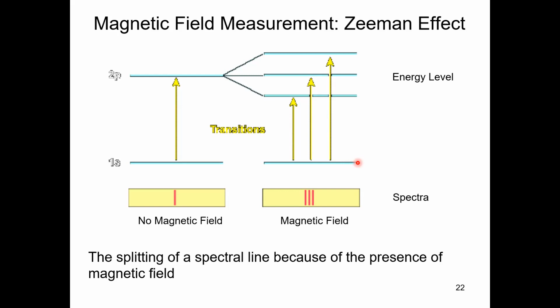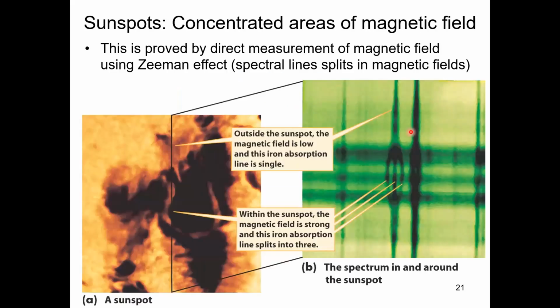But now you see, if you look at the absorption spectrum of the sun, not everywhere, but in the area of a sunspot. This is a sunspot. Now you get the spectrum of that area, maybe this small area.